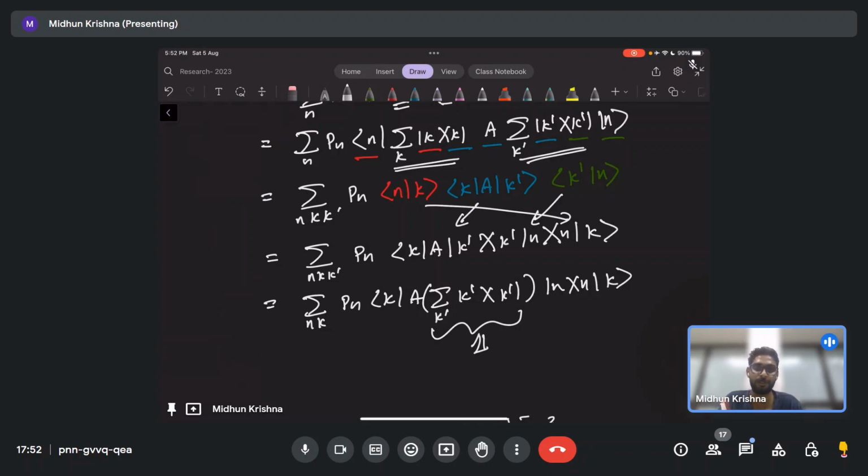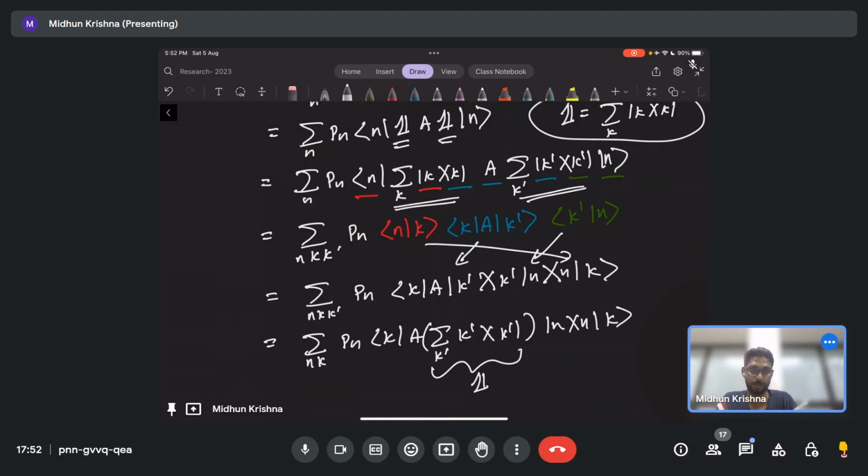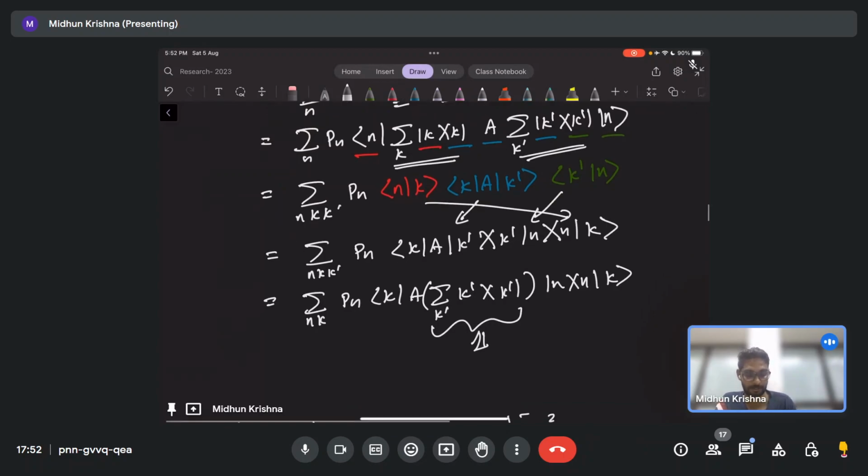This is a trick that we always use in quantum mechanics: whenever you want to find an expectation, if there is some sort of overlap inside, I can put identity anywhere because identity doesn't do anything to the state or the operators. If I use this complete basis idea, I can put any complete basis inside and then move things around to do calculations like the one I'm doing right here. Now this whole thing is identity, so I can just substitute identity and not talk about it.